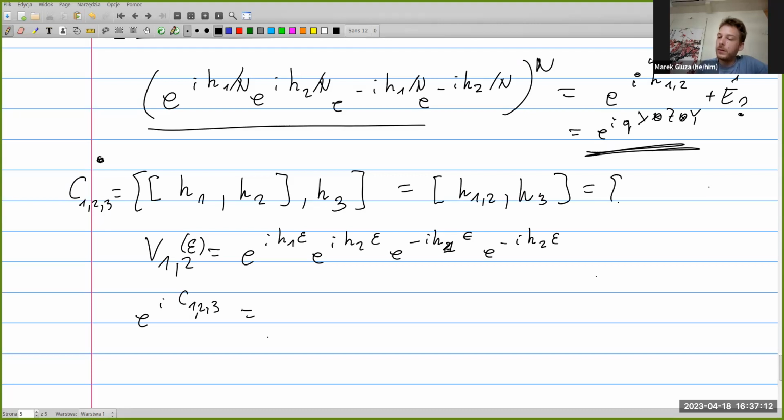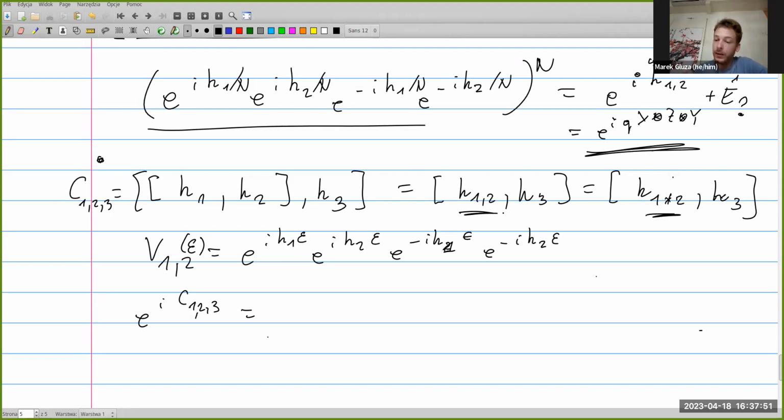Actually, a better notation that I was trying to use before is to use the star product: 1 star 2 and H3. Okay, this is just indicating where I'm putting the commutator, either comma or star or something.